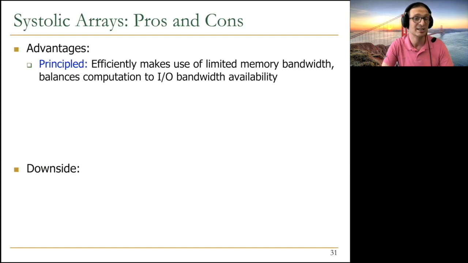The big advantage, well, there are two reasons why systolic arrays are very highly advantaged, because they're based on some principle, and they're also specialized. Basically, the principle is that it efficiently makes use of limited memory bandwidth. It doesn't need to go to memory for every single data item. It makes maximum use of one single data item by balancing computation to I/O bandwidth availability.